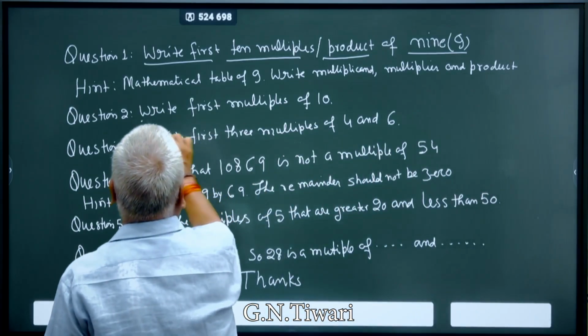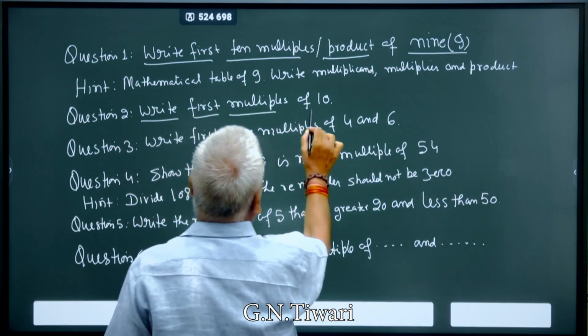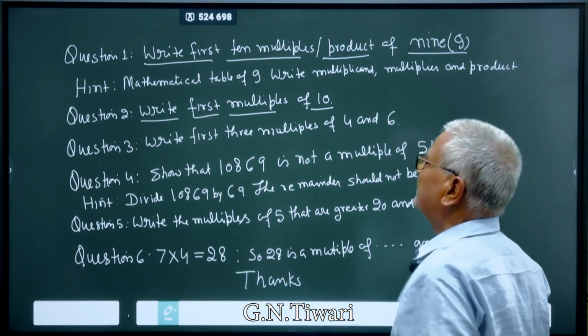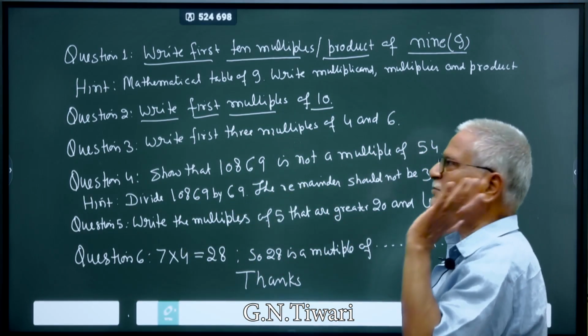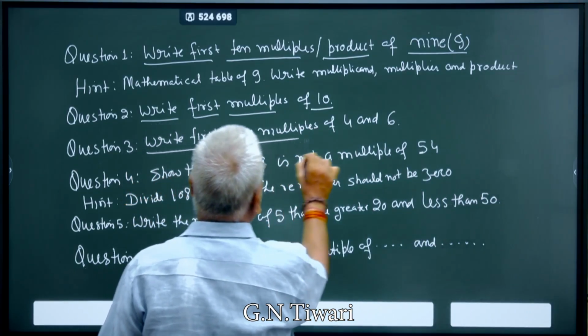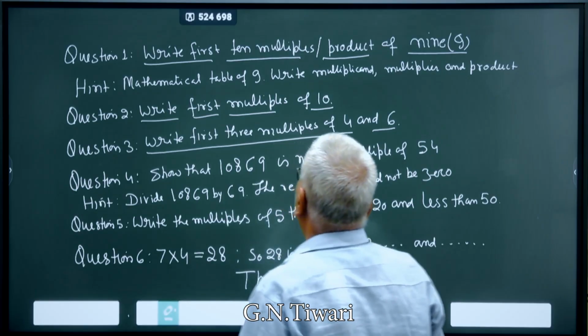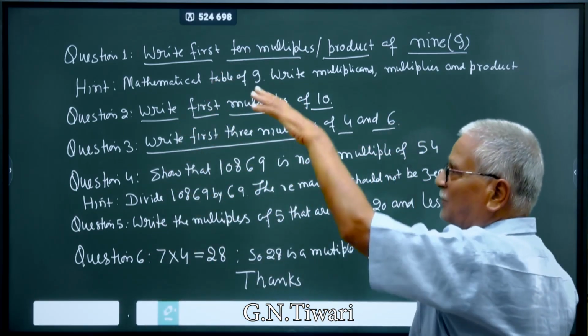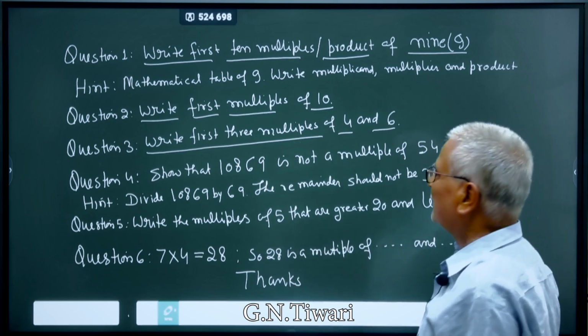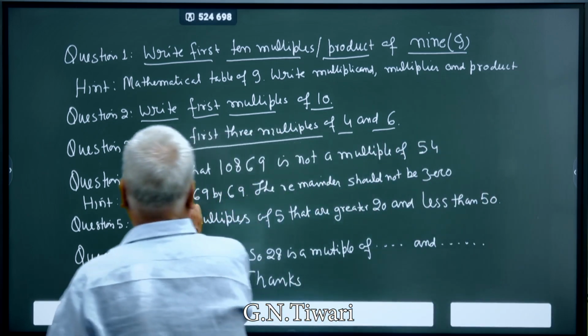Again, write the first multiple of 10. What is the first multiple of 10? 10 1 is 10. 10 is the first multiple of 10. Write the first 3 multiples of 4 and 6. So you read the table of 4 up to 3, the table of 6 up to 3. These are the 3 multiples of 4 and 6.